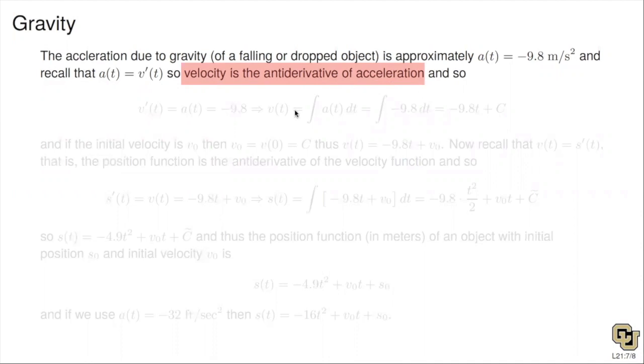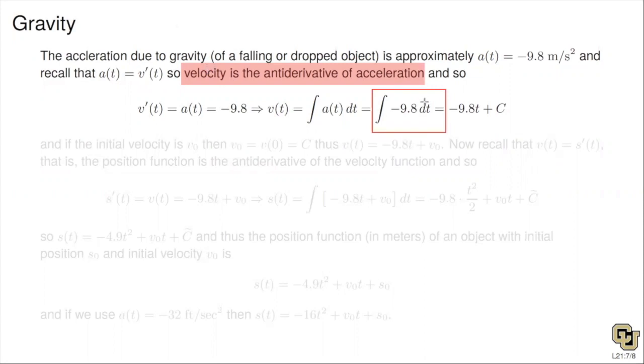Using our antidifferentiation theory, if v prime equals the acceleration, then the velocity will equal the antiderivative of the acceleration, which here is the antiderivative of negative 9.8.